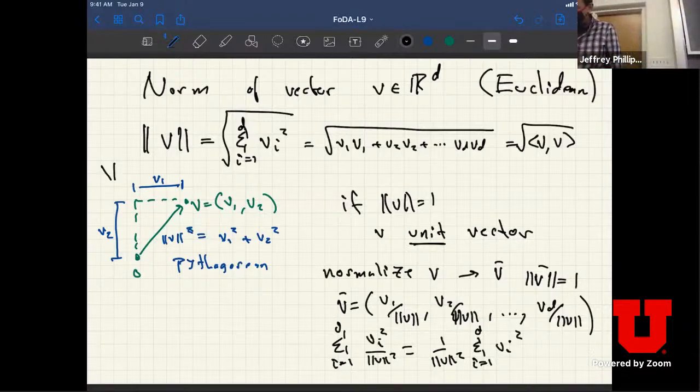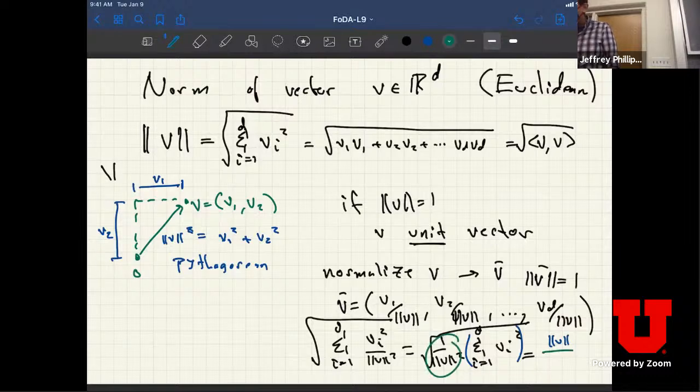And then if I take a square root, this norm of v factors out of the square root, and I'm going to get two parts here. This part is exactly equal to the norm of v, and this part after the square root is also the norm of v, so this has to equal 1. So I can turn it into a unit vector by dividing every coordinate by the length.